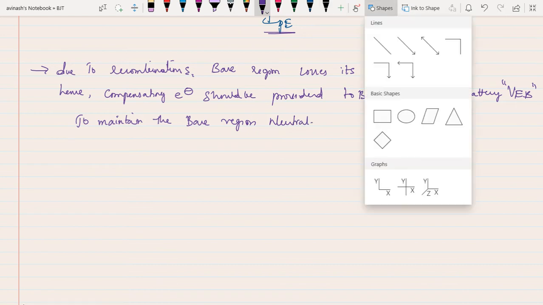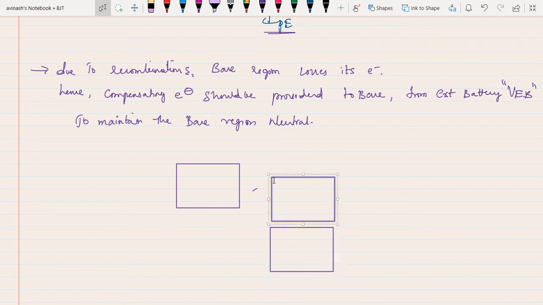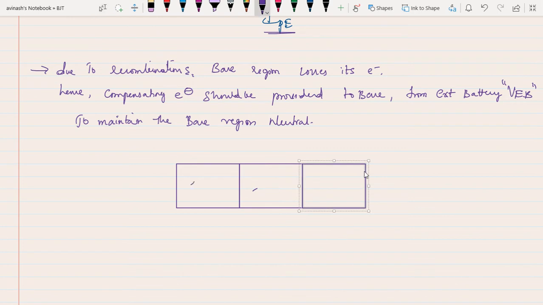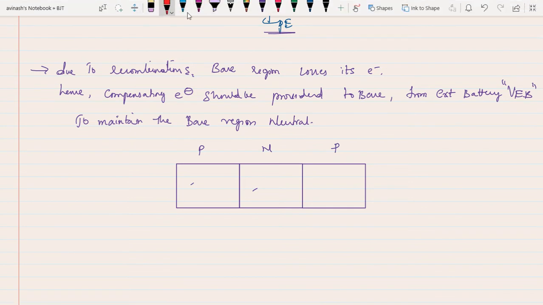For example, if you take this, now if you observe, this is P, N and P. If you observe this point, P and P, what is this current called, traveling from the emitter, base and collector?